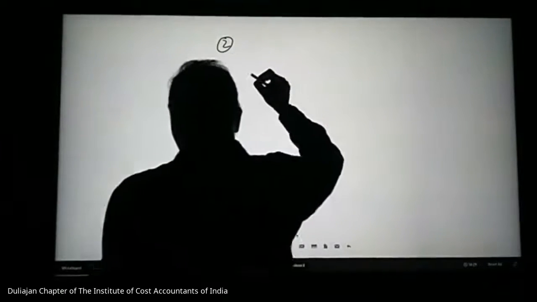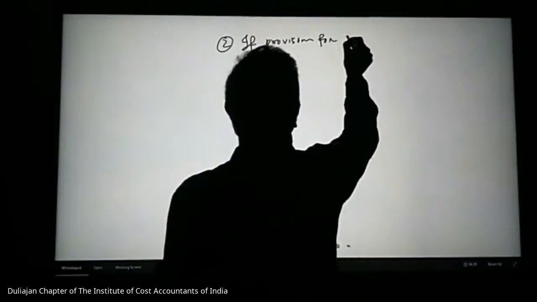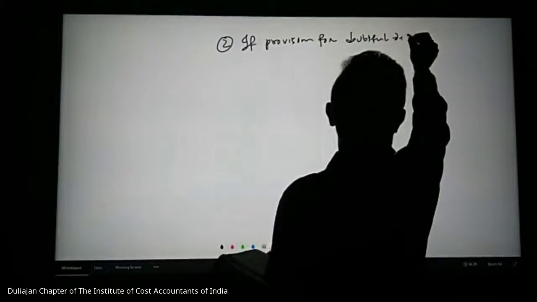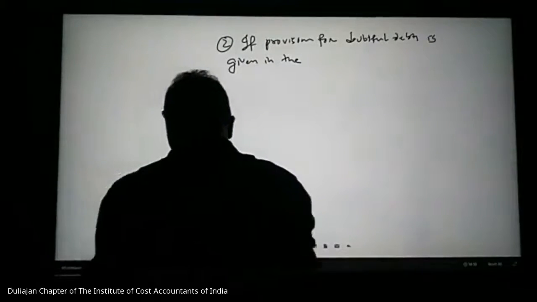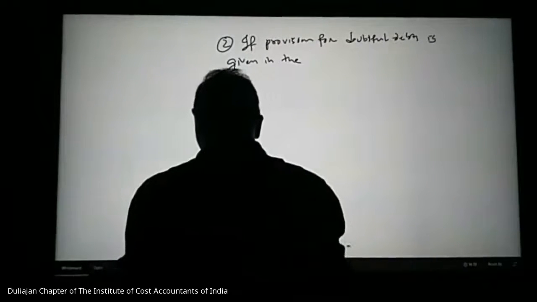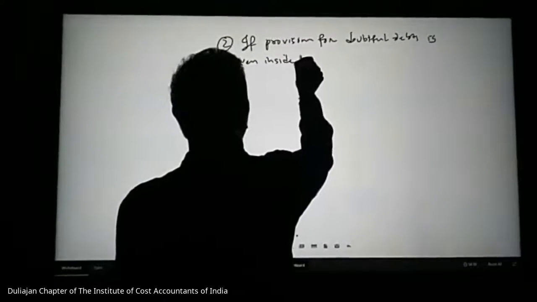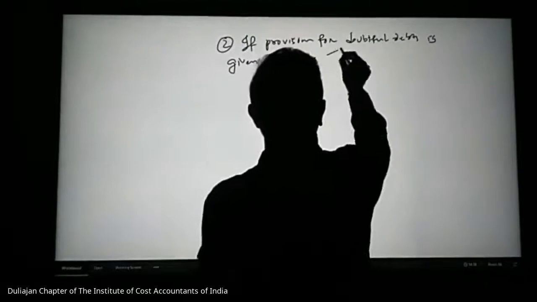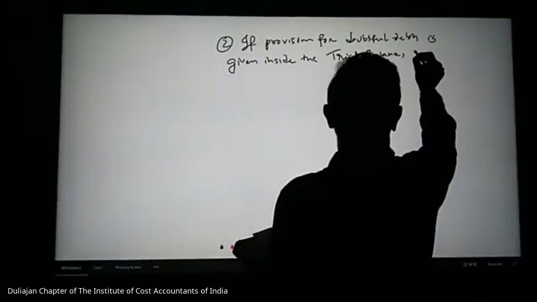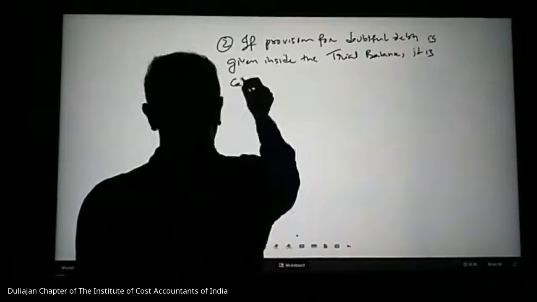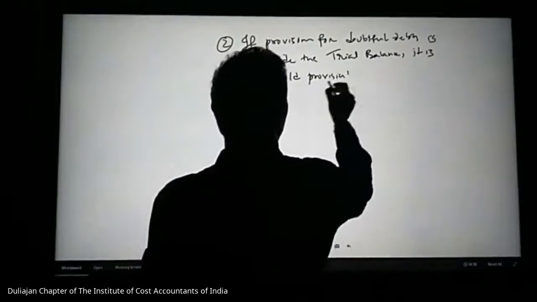Point number 2. If provision for doubtful debt is given inside the trial balance, it is called old provision.